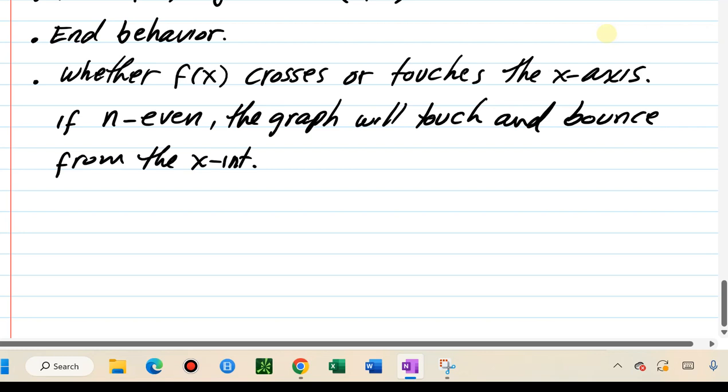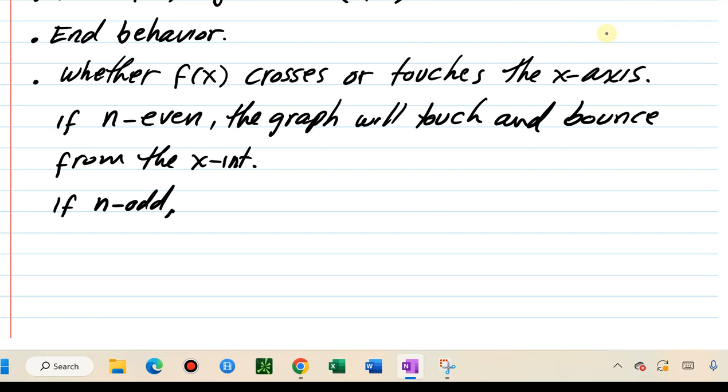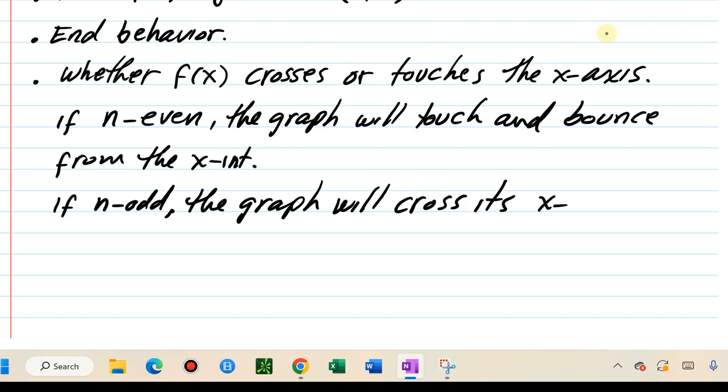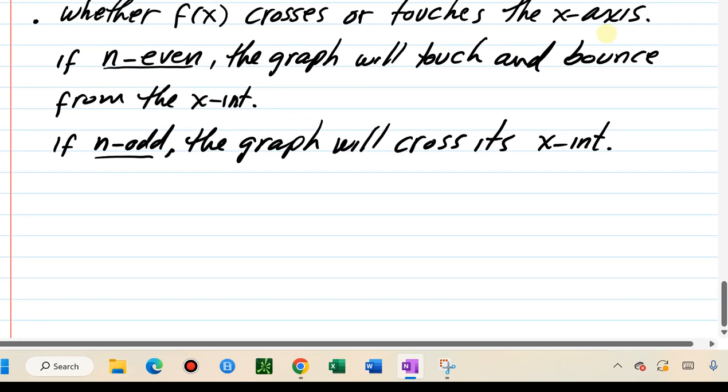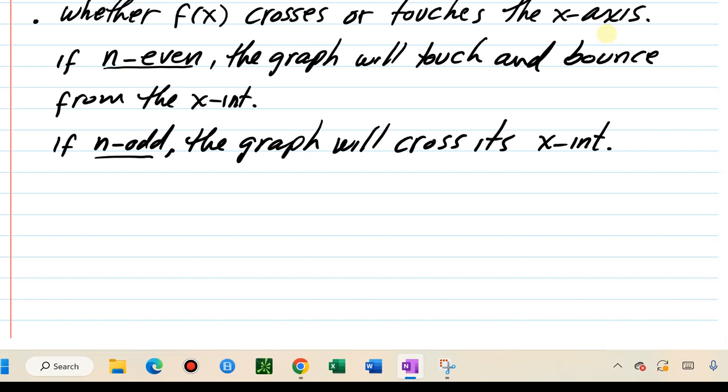What about if n is odd? If n is odd, the graph will cross its x-intercept. So in the case of n even, it will touch and bounce. In the case where n is odd, it will cross. Now, how it crosses depends on the degree of the power function. It could cross like a line does.